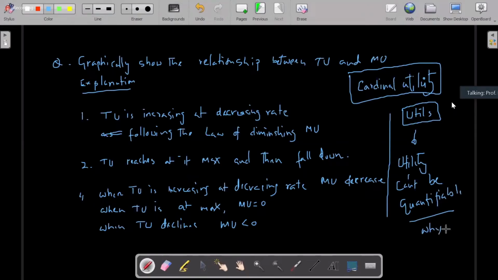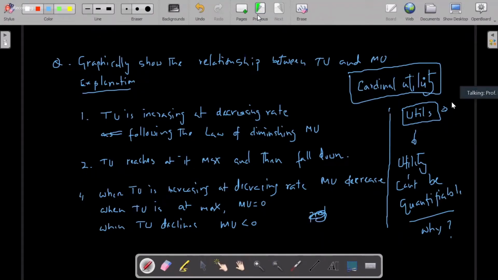My question is why can't it be quantified? The answer is it is not quantifiable because it is a vague term. The util is not a compact unit. Why? Because of the problem called the interpersonal problem.